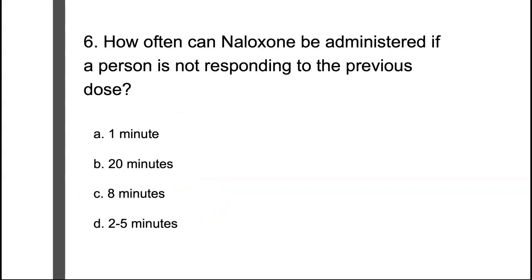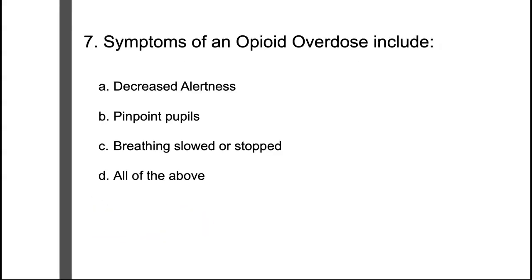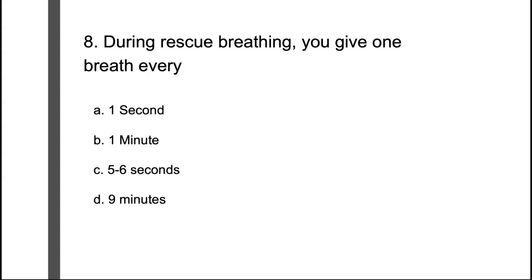How often can naloxone be administered if a person is not responding to the previous dose, or if the previous dose starts to wear off? 2 to 5 minutes. Symptoms of an opioid overdose include decreased alertness, pinpoint pupils, breathing that is slowed or stopped. All of the above. During rescue breathing, you give 1 breath every 5 to 6 seconds.